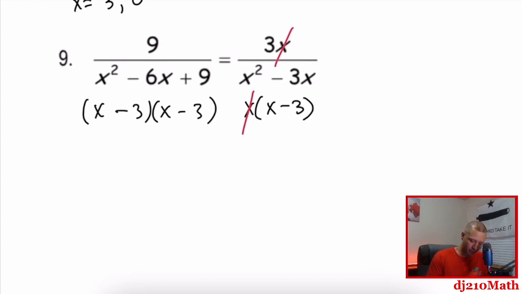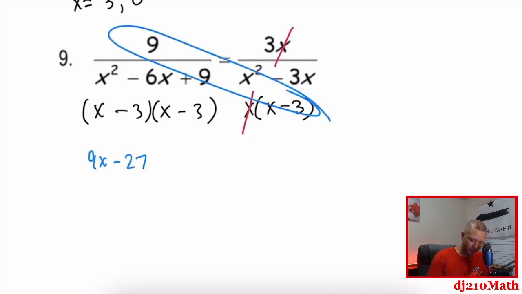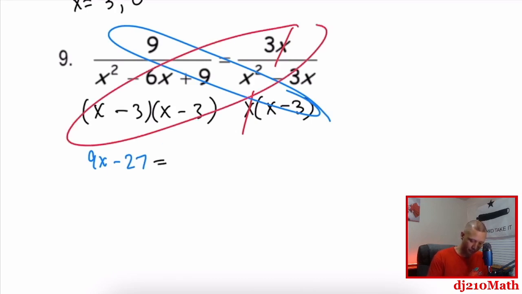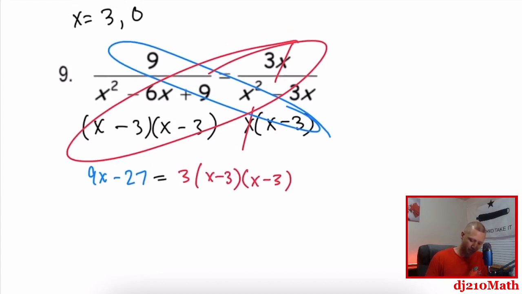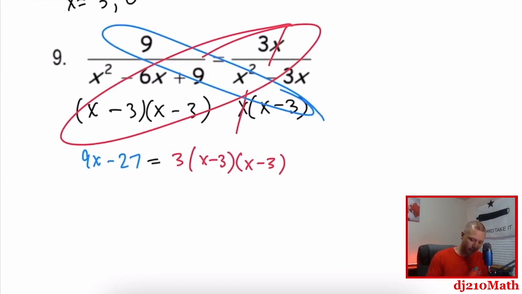So when we go to cross multiply, we're going to get 9x minus 27 equals whatever this way is, 3 times x minus 3, x minus 3. All right, we're going to have to distribute. So this is going to be x squared minus 3x plus 9.